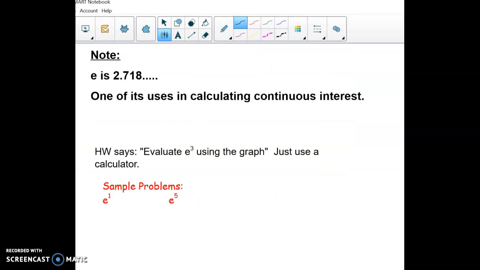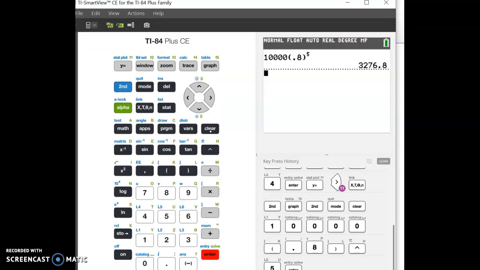All right. So first thing is just to know how to use e on the calculator. You just want to jot down a note that it's 2.718, and one of its uses is to calculate continuous interest. In homework, it might say evaluate these e expressions on the calculator. We're just going to do regular buttons here. If you need to do e to some power, which you will later, you can just do second and the e to the x key right here.